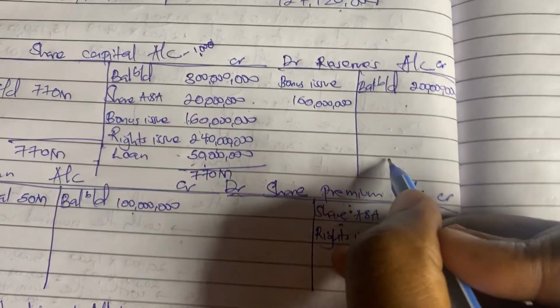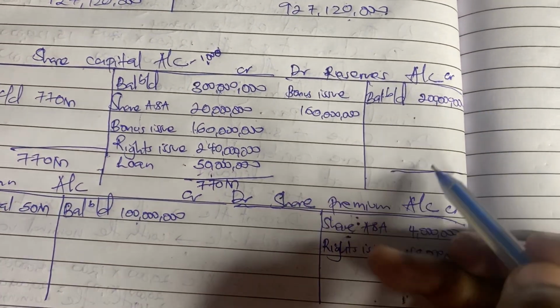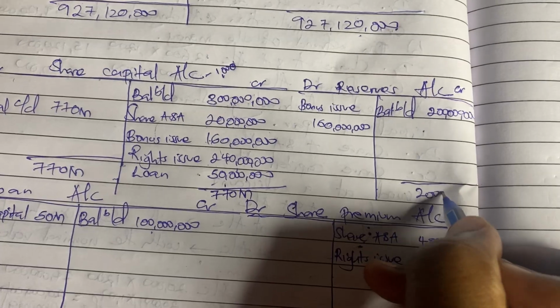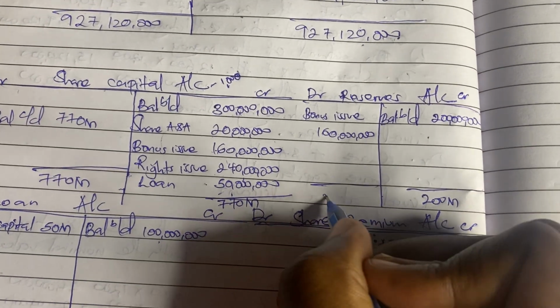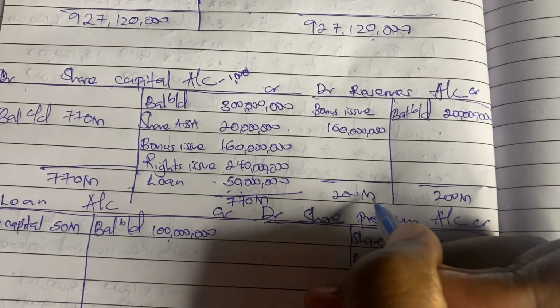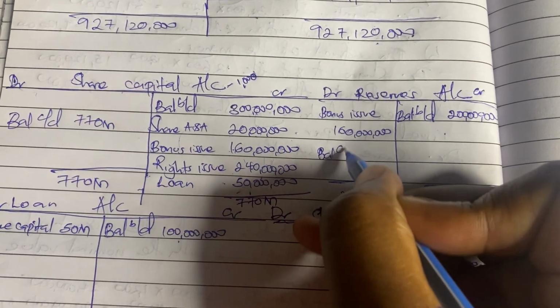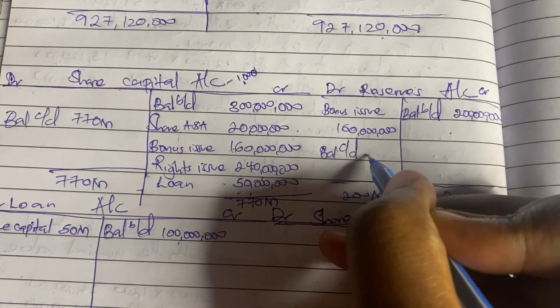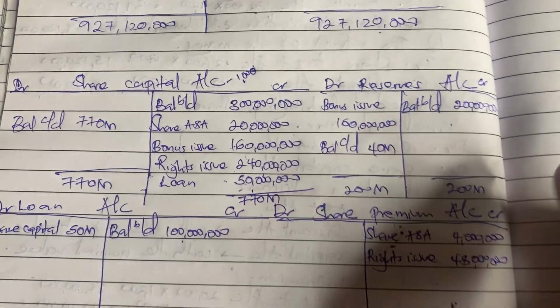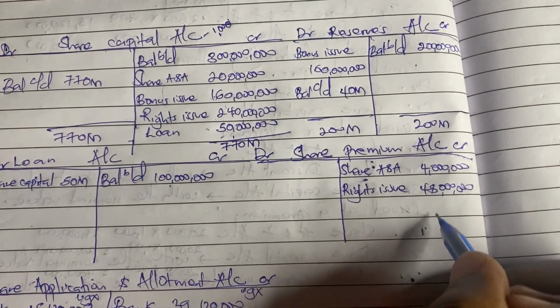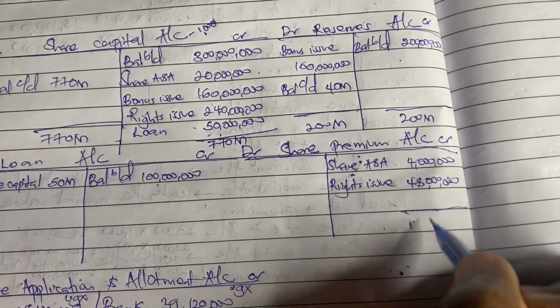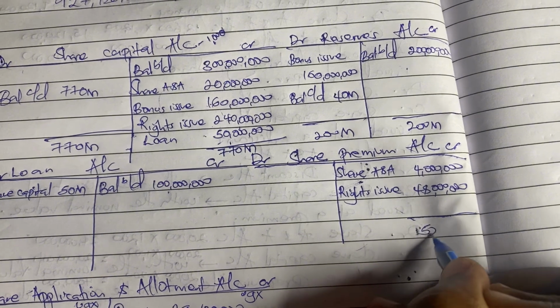Then this side, for the reserves account, this side has 200M. So 200M, 200M, this minus that, the balance carried down becomes 40M. Then for the share premium account, 48M plus 4M, it is 52M.